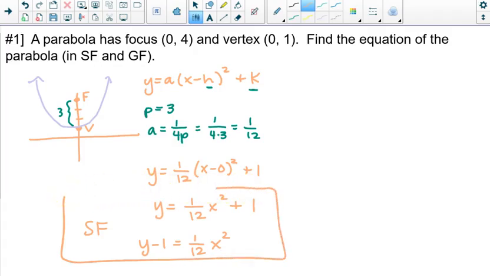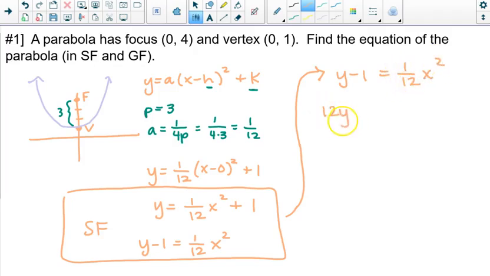Now let's convert it to general form. Okay, so in general form, we're not supposed to have any fractions. So let's say I take y minus 1 equals 1/12 x squared and multiply both sides by 12. We get 12y minus 12 equals x squared.